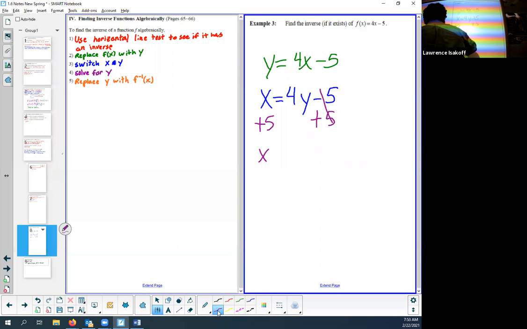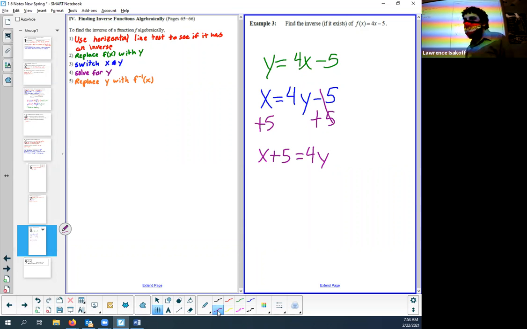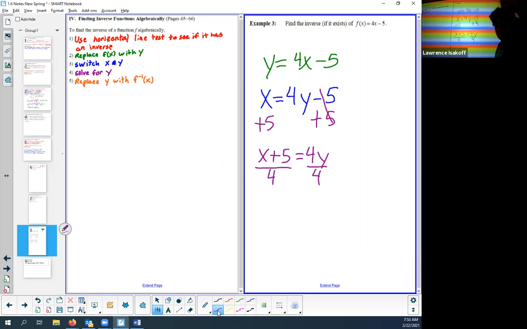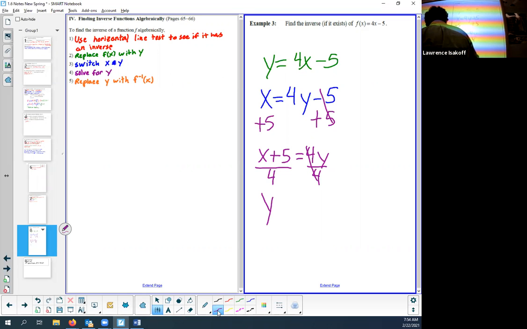That's going to give me x plus 5 is equal to 4y. Now I have that 4 in front of the y. I'm going to divide the whole thing by 4. So I'm just going to make this one big fraction. Whenever I'm dividing like that, I'm just going to leave it a big fraction. That's fine to leave it like that.